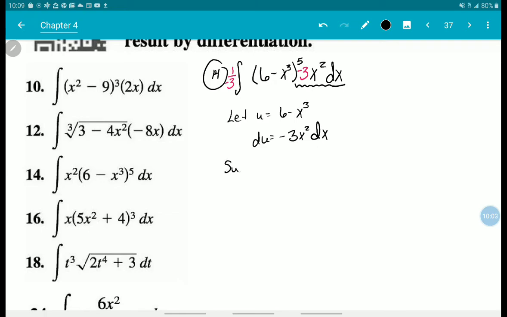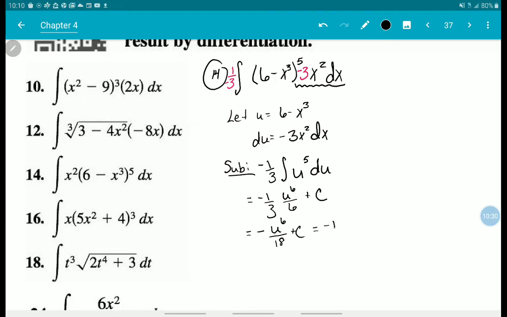So we're going to do our substitution. So we have that negative 1/3 on the outside. And this becomes u to the 5th times du. So we have negative 1/3 times u to the 6th over 6 plus c, which is negative u to the 6th over 18 plus c.